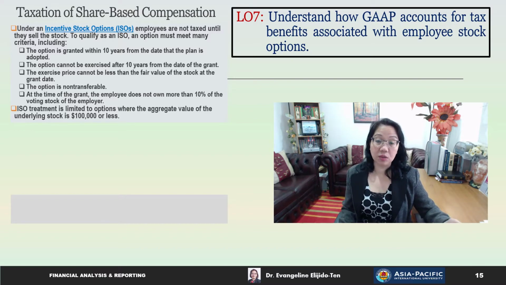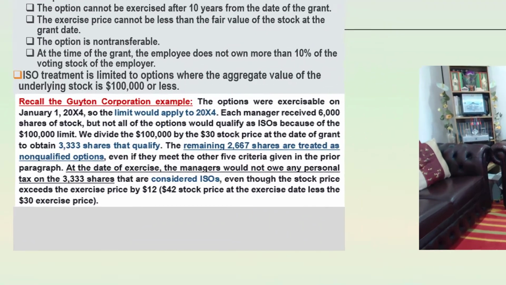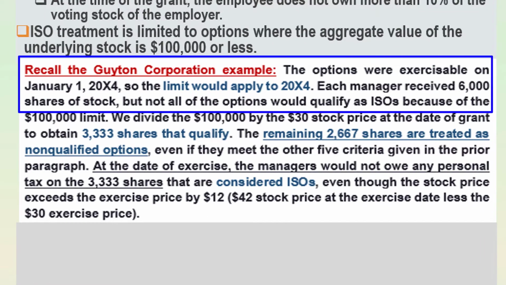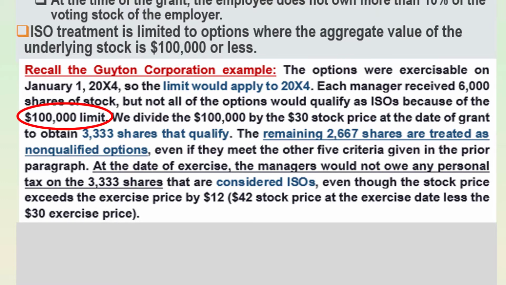Let's go back to the example of Guyton Corporation. Recall that the options were exercisable on January 1st, 20x4. So the limit would apply to 20x4. Each manager received 6,000 shares of stock, but not all of the options would qualify as ISOs because of the $100,000 limit.